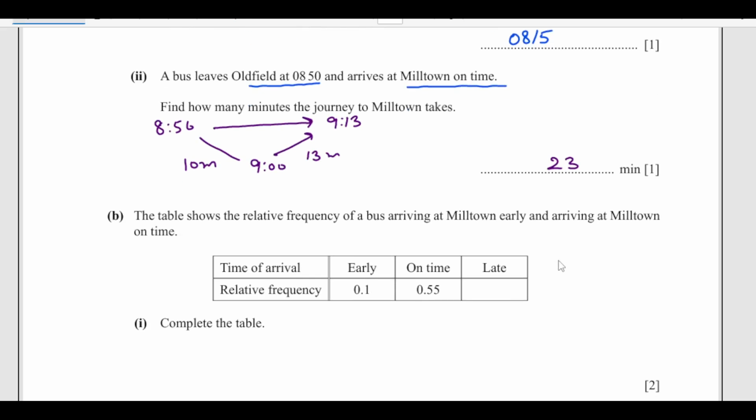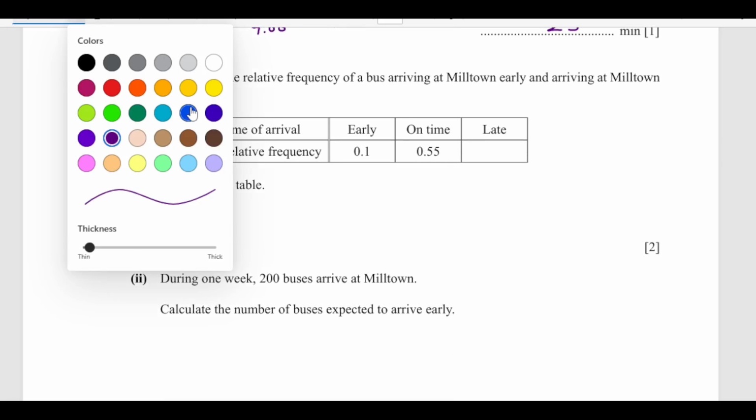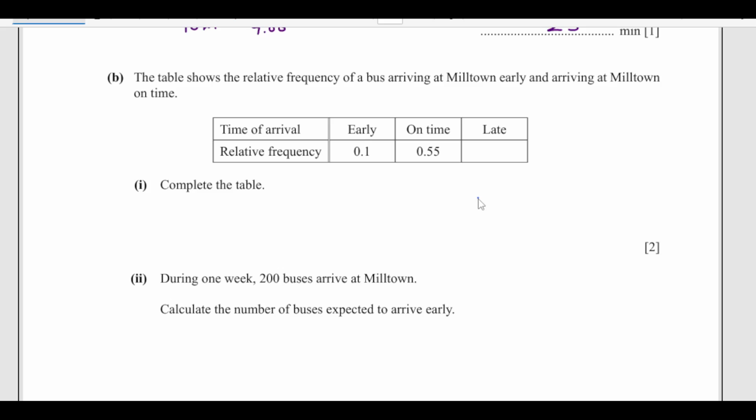So now part B, the table shows the relative frequency of buses arriving at Miletown early and arriving at Miletown on time. Time of arrival and relative frequency is given. Complete the table. So you know the total of the frequency should be 1.